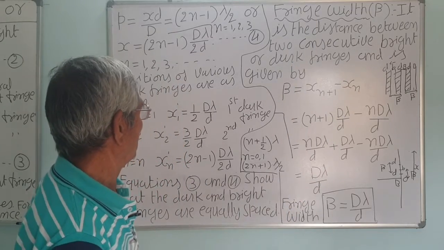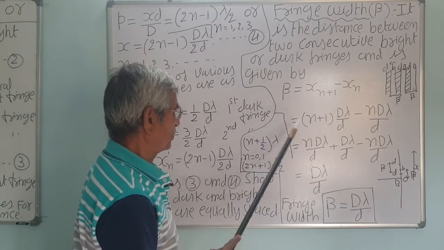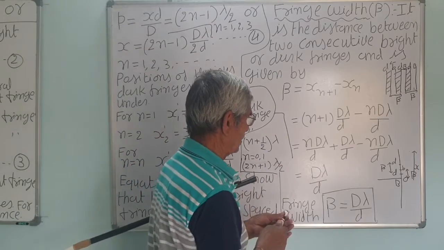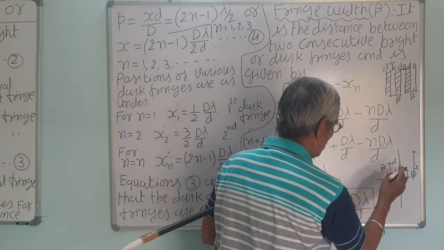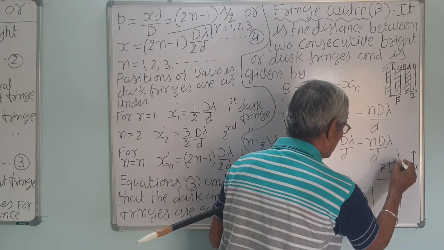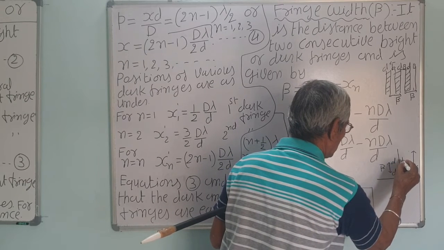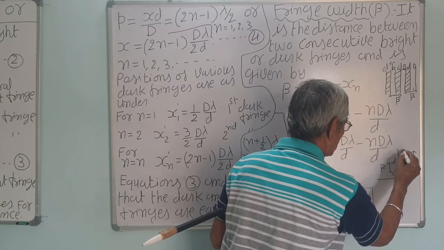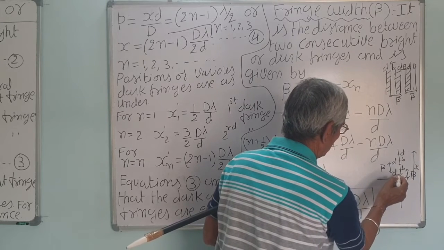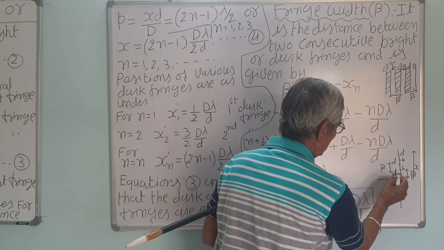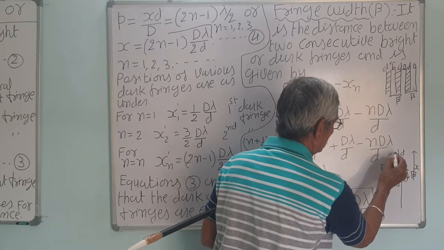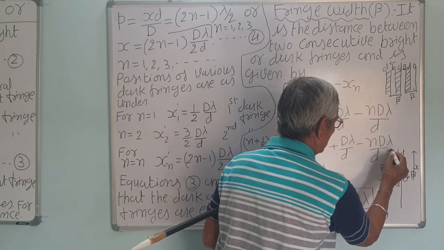fringes. Now, beta is equal to, so if you want to measure, suppose this is the third, again you can take one bright, then dark, correct. So this is the first dark fringe, this is the second, this is the third, correct.